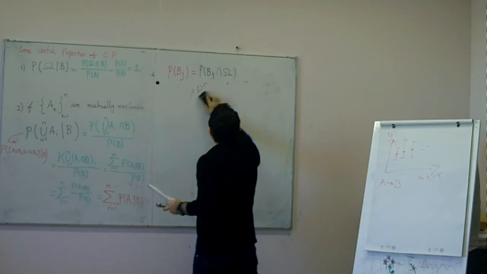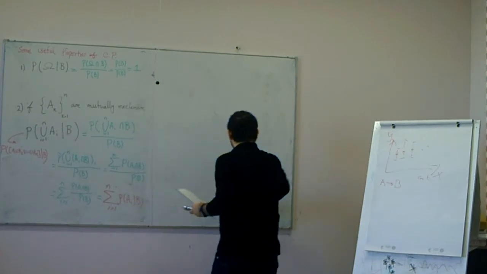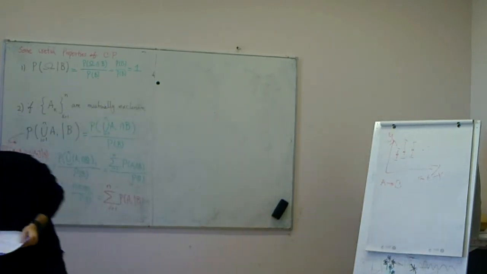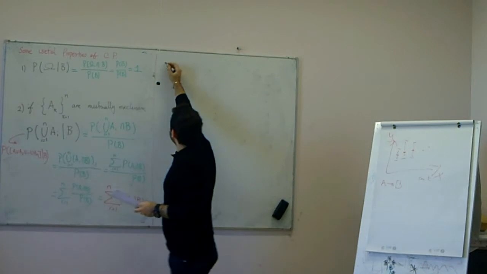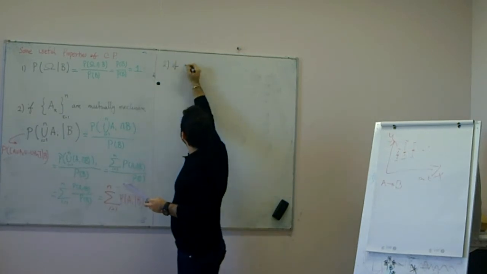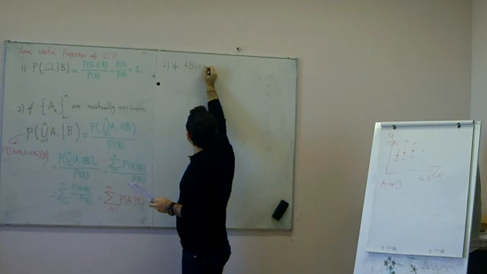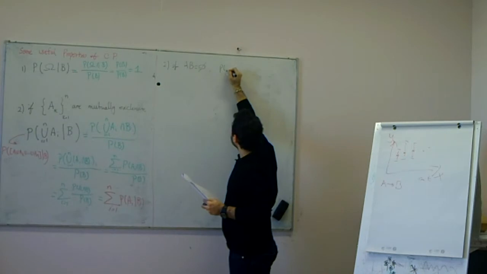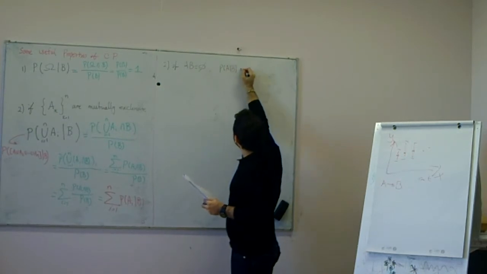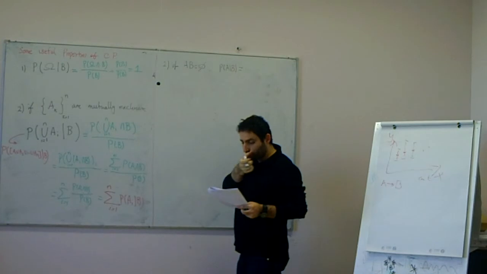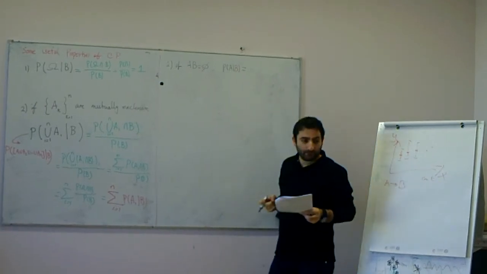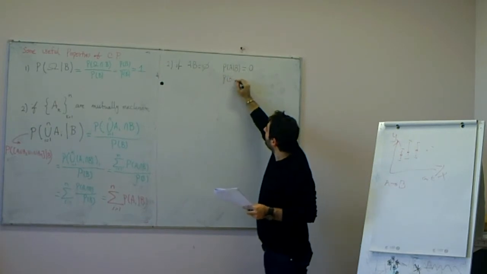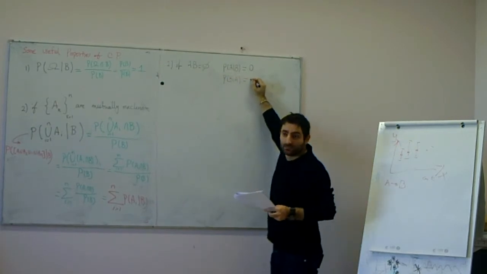Now, the next properties. If AB is empty, then the probability of A given B, and of B given A, is again 0.